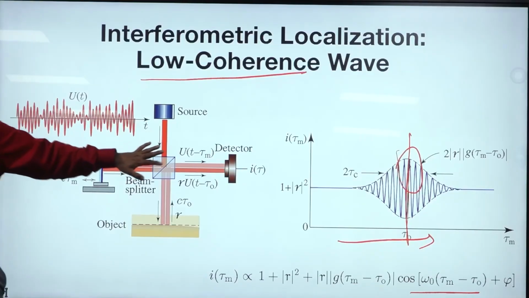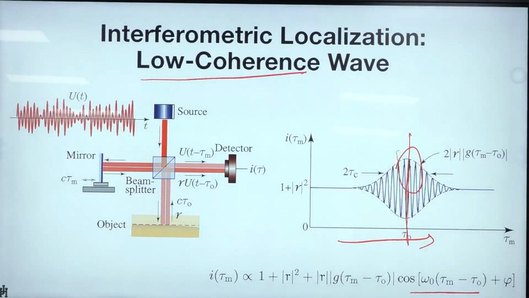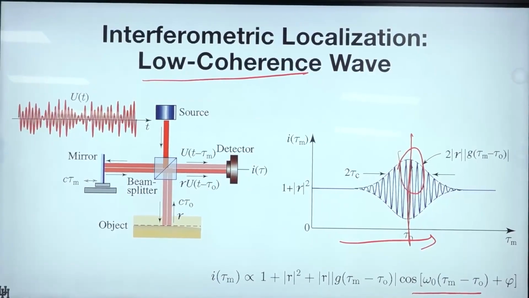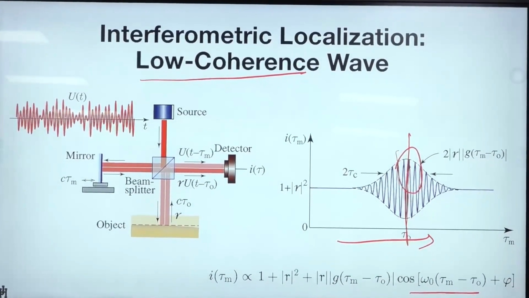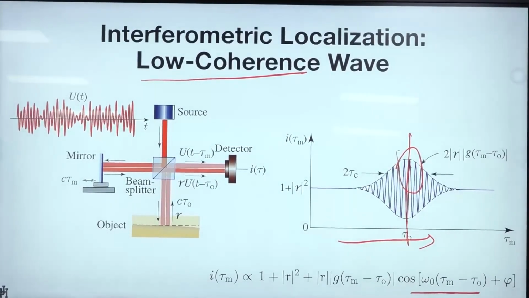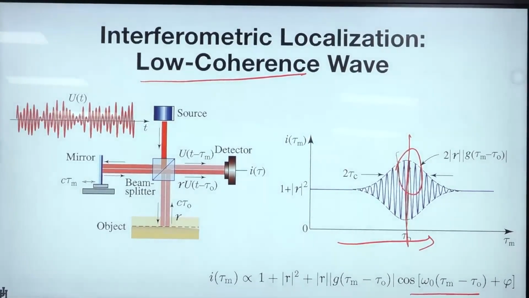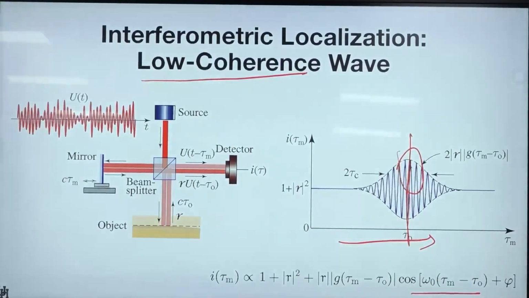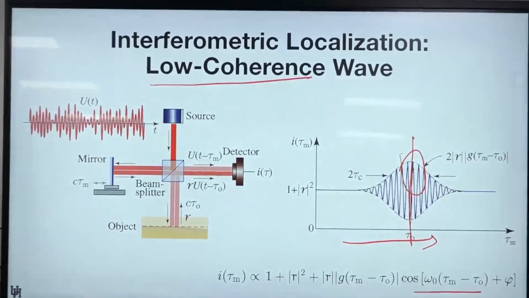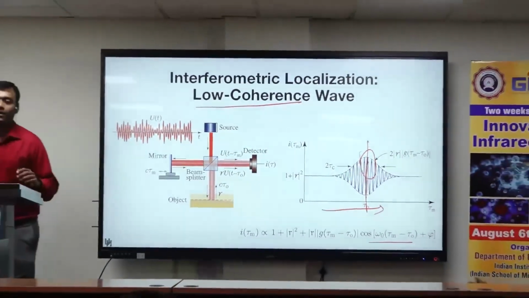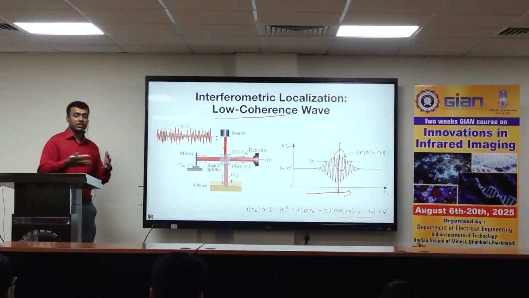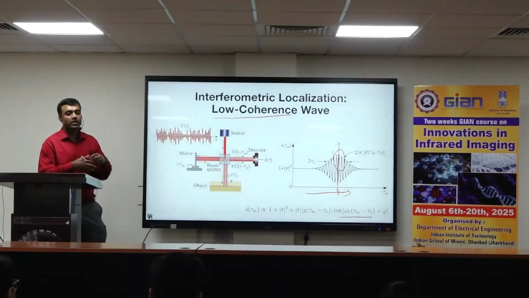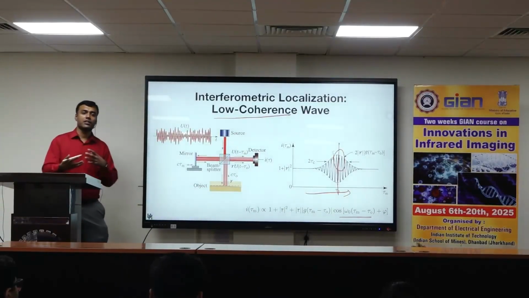I'll go into more details of this in a class on OCT, optical coherence tomography. But I think now is a good time to stop. In today's lecture we looked at several different ways of making tomographic measurements. There are different approaches depending on the nature of the object, the nature of the source, and how light-matter interaction happens.